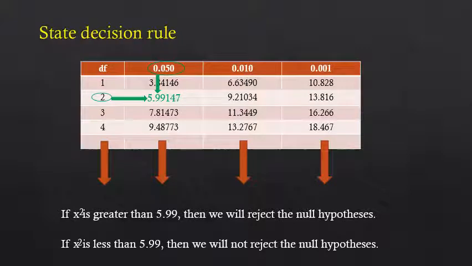All right, and here we have to state our decision rule. If you could see in the table, it is the chi-square table usually used by the Kruskal Wallis test. So in this part we have to state our decision rule.